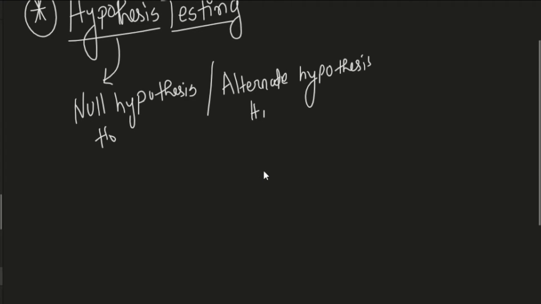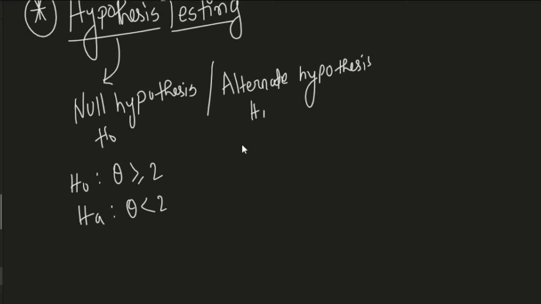A null hypothesis is something which is given, and we would like to say some parts about it. Let's say if the null hypothesis is theta greater than or equal to 2, then the alternate hypothesis should be theta less than 2.